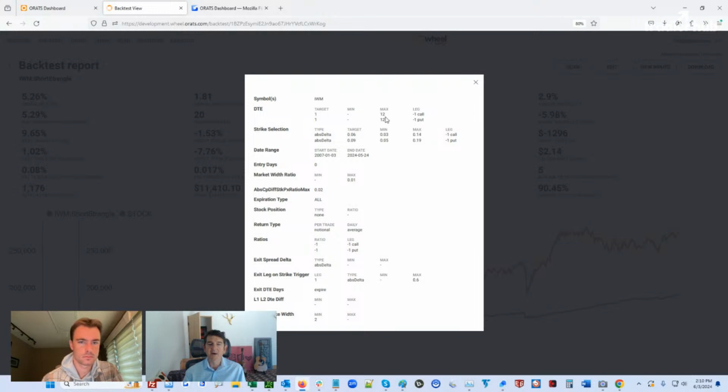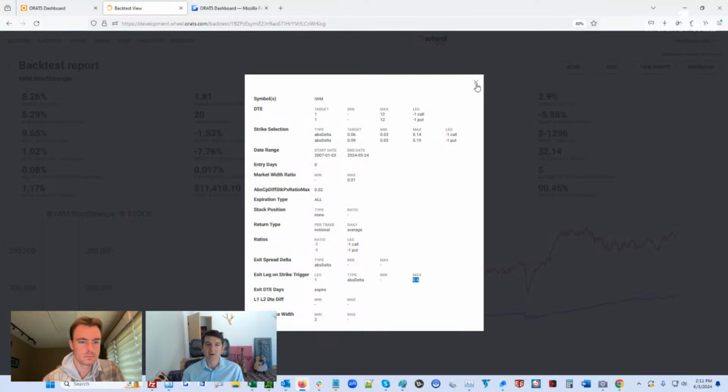The reason it's so wide is because back in 2007, they didn't really have these short term options, so you're out of the market for so much. I made it a little bit wider just so we could get some data from the earlier years. This is 6 delta on the call, 9 delta on the put short, and here's the getting out at 60 delta. If that leg was breached, then we'd get out.